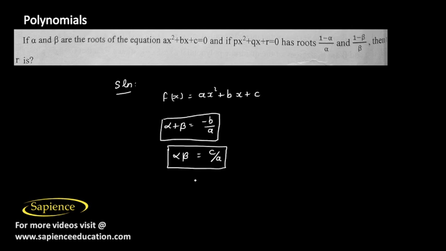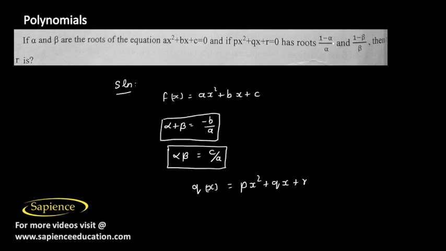Now we can look at the second polynomial. Let's call this q(x), equal to px² + qx + r. Equal to 0 is not necessary because we are considering only the polynomial here. In this polynomial, the roots are given as (1 − alpha)/alpha and (1 − beta)/beta.